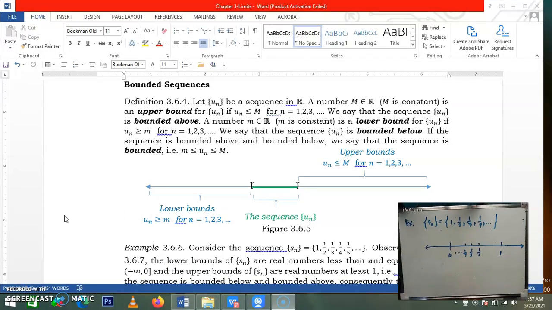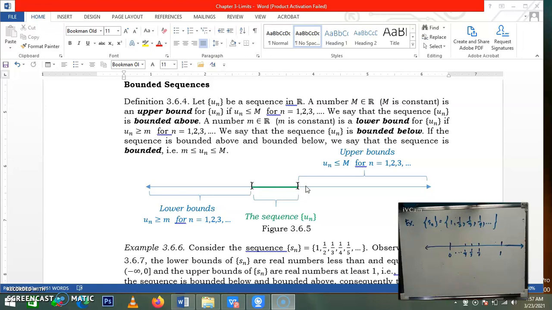Now, when can you say that the sequence is bounded? A sequence is bounded if it has upper bounds and lower bounds. For an upper bound, we denote that as big M. This big M is greater than or equal to any term in the sequence.